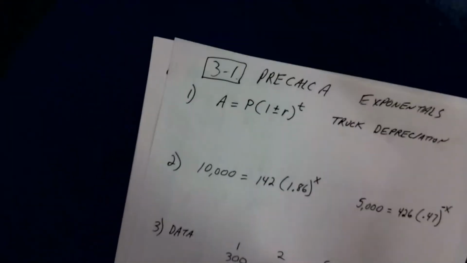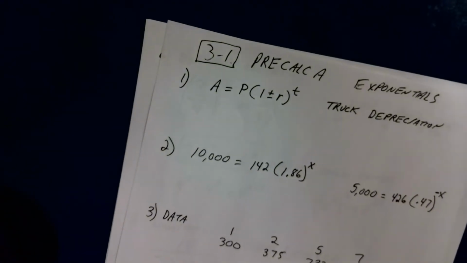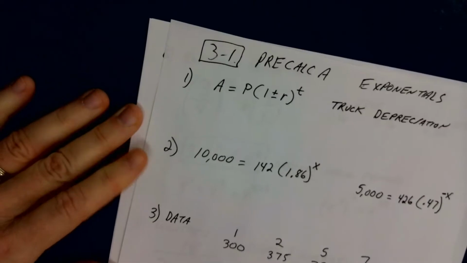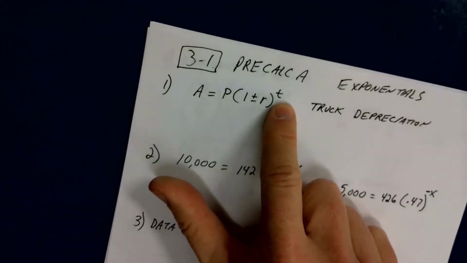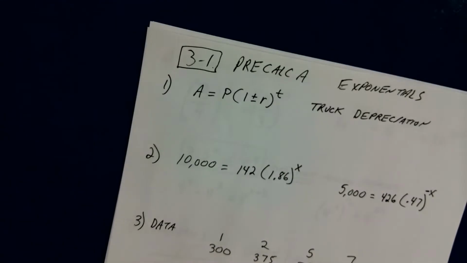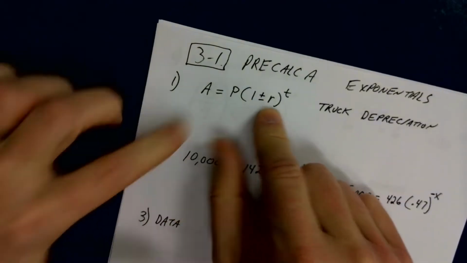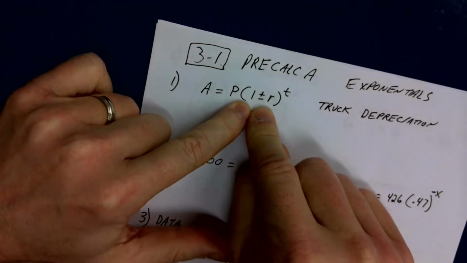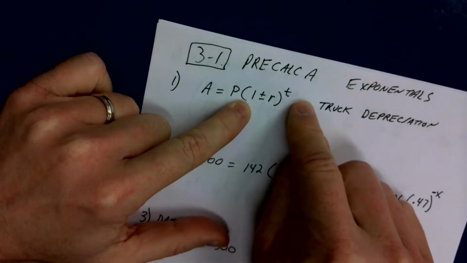Basic exponential equations, what defines them is the variable is actually in the exponent spot. So it just means that this number right in here, whatever the 1 plus or minus r is, gets multiplied over and over again, t amount of times.